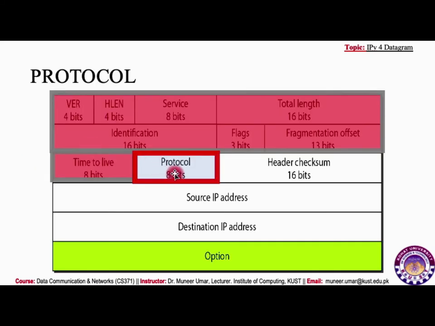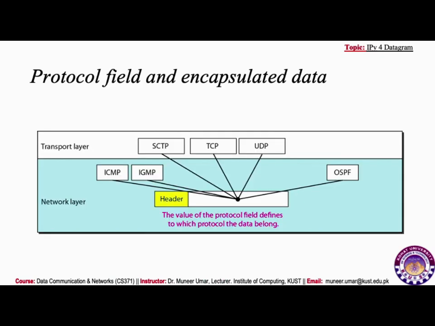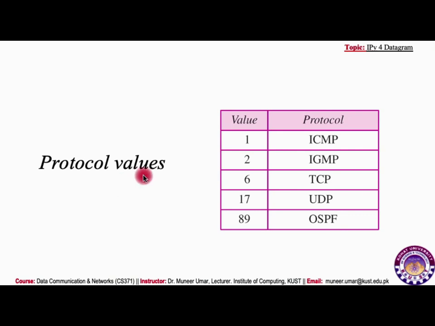Here, if we have a number, that number would identify that this data would go to that particular protocol, or we can say that that protocol can process or understand this data. We have some sample protocols here, and we have some values for these protocols.